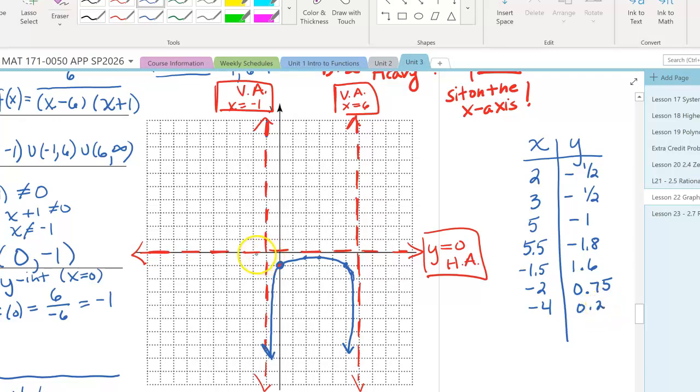So let's see, -1.5 was 1.6, -2 is 0.75, and -4 was 0.2. So it looks like the graph is doing this over here.